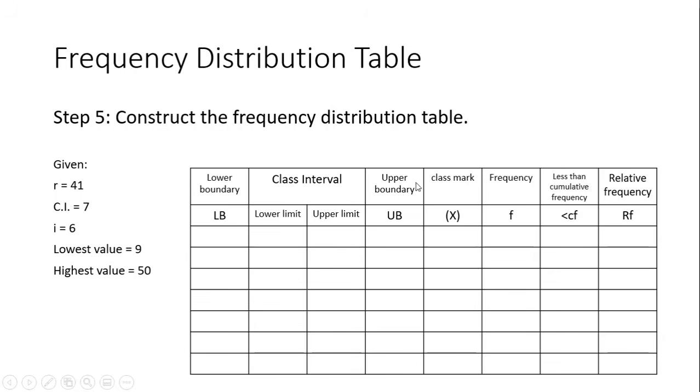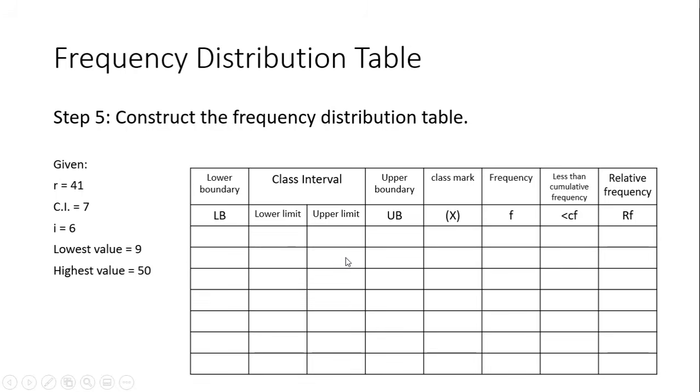Then you have your upper boundary column, identified as UB, then we have class mark, which is X, and then frequency, variable F. You have your less than cumulative frequency, with the less than sign and then CF for cumulative frequency, and we have relative frequency. So we will be constructing the frequency distribution table, in which we will try to fill out all of this needed data per column.